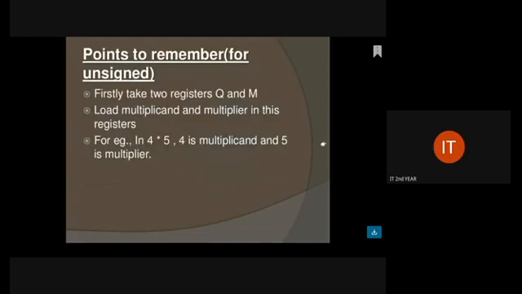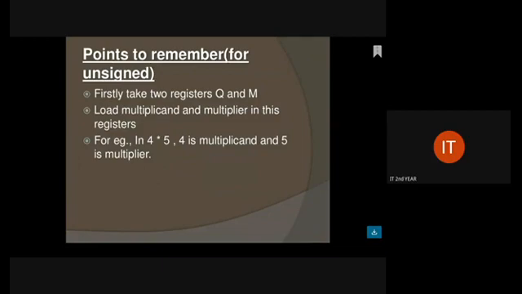The following points are to be remembered while doing signed or unsigned multiplication. Firstly, we shall see unsigned multiplication using Booth. We have to take two registers. Registers, we already know, are small storage devices that can store 1 bit of data at a time.